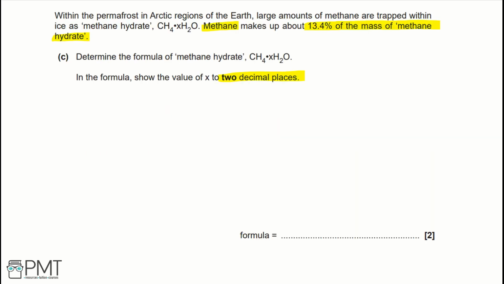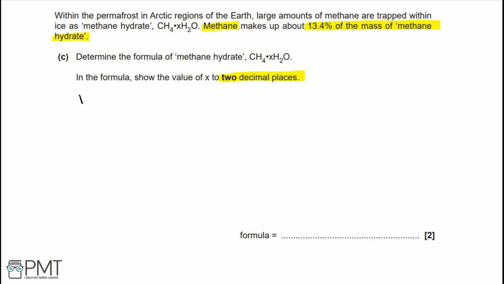C. Determine the formula of methane hydrate, CH4·xH2O. In the formula, show the value of x to 2 decimal places. Above, I've copied the beginning of the question because it has a key piece of information that we need to use in part C. And that information is that methane makes up about 13.4% of the mass of methane hydrate. So this question is asking about percentage composition by mass.